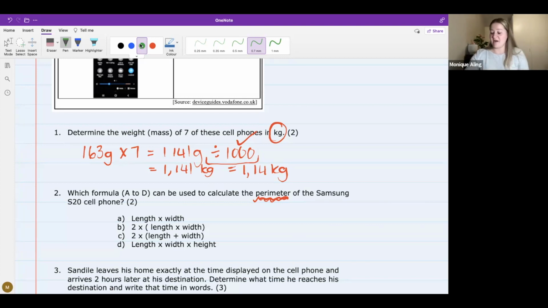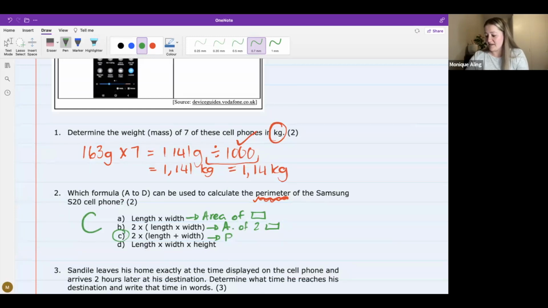Okay, so let's just remind ourselves. Length times width would give us the area of a rectangle. This formula just gives us the area of 2 rectangles. C is the correct answer.